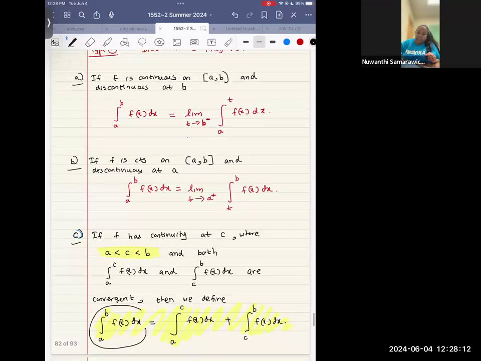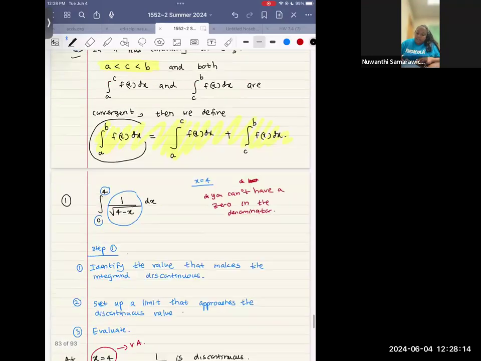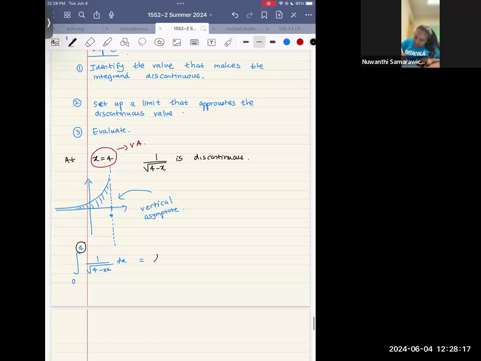It's A. So we write this as the limit as t approaches 4 from the left hand side of the integral from 0 to t of 1 over the square root of 4 minus x, dx. Oh, sorry, this should be 4 minus x.